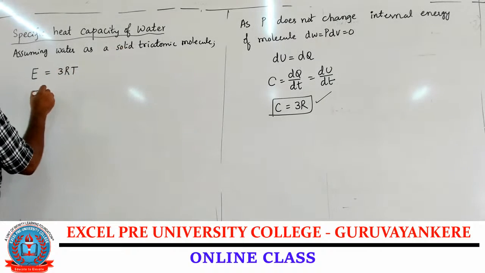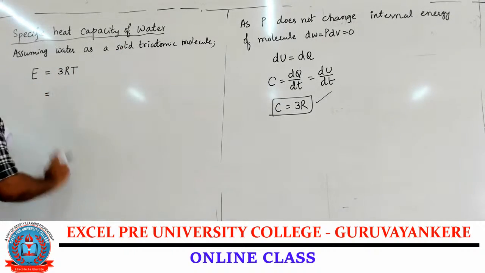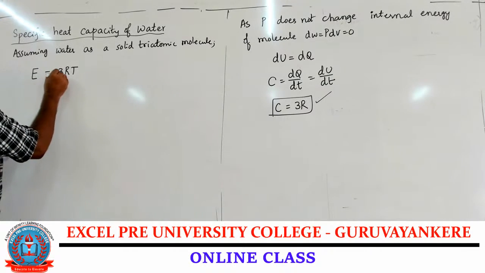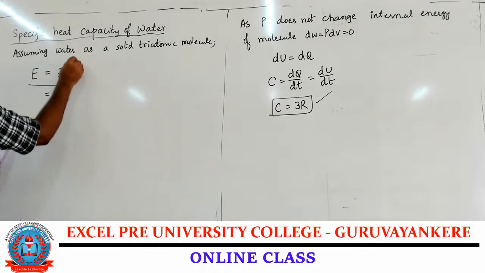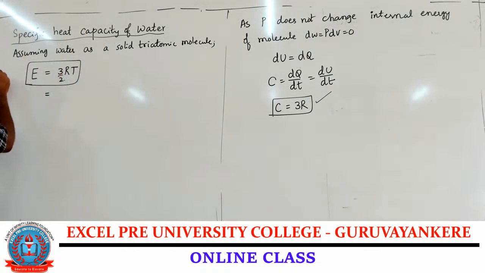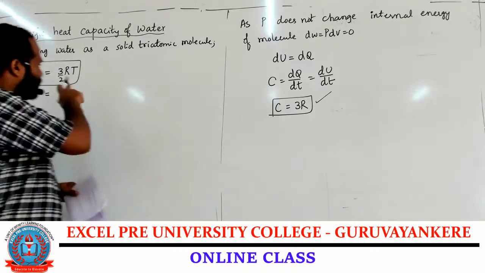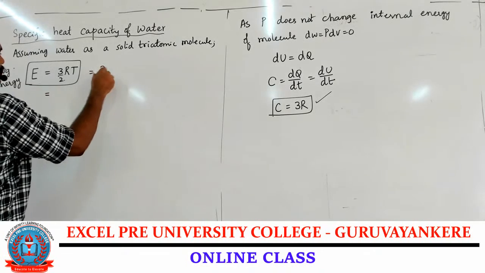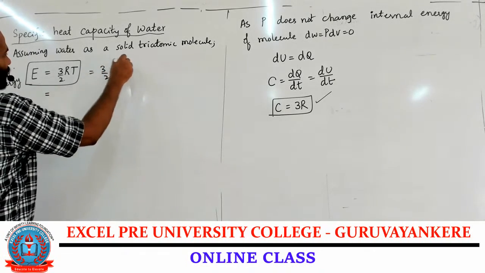It has 3 by 2 RT as the average energy of the molecule in all three directions. Write it properly, it is 3 by 2 RT, similar to 3 by 2 kBT.